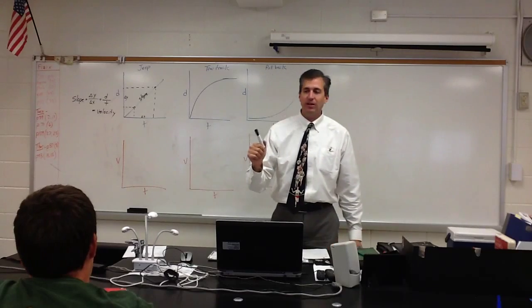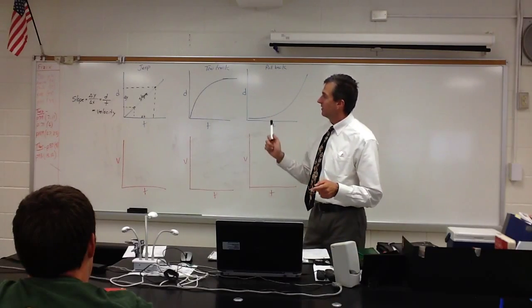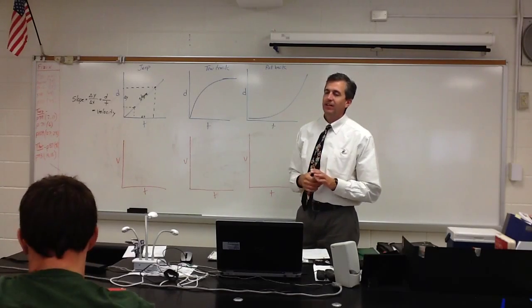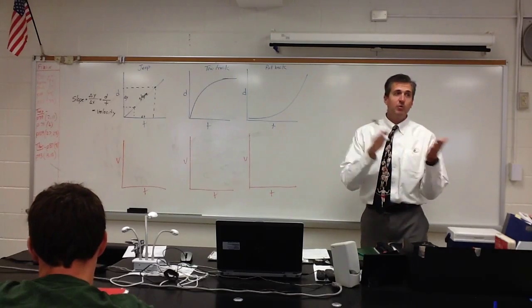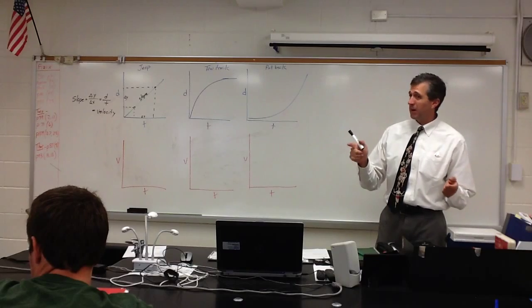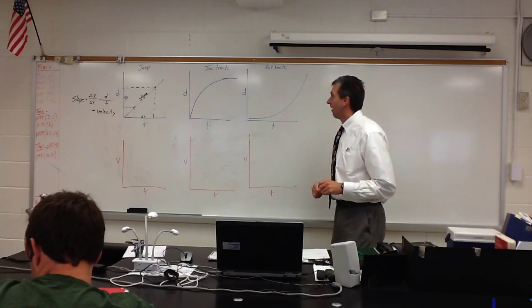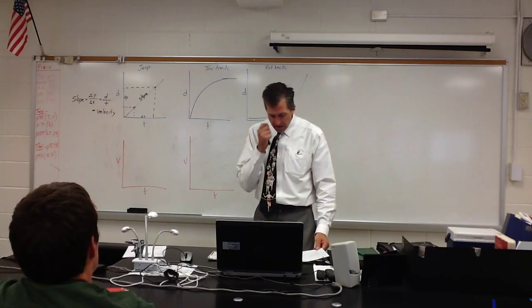In math class, you calculus types, there's a couple of you, you're going to use this at a whole other level of math with integrals and derivatives, and you're going to be able to move between one graph and the other, and all of a sudden physics is going to start looking a lot like math class, and they're going to start overlapping in some cases. I love it. Alright, so that was the slope thing. Just a little side note there.